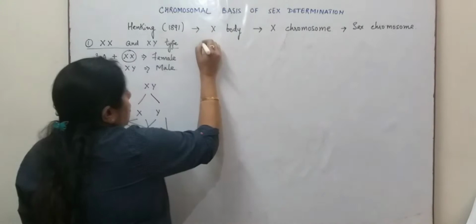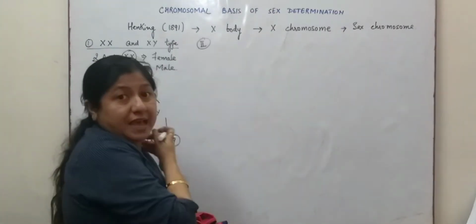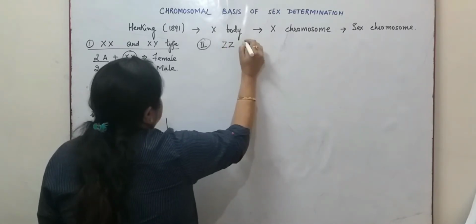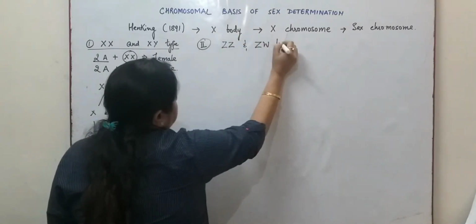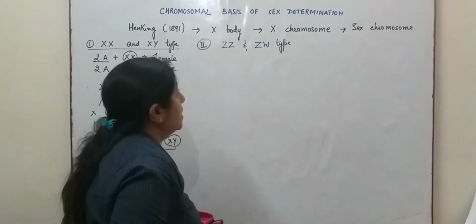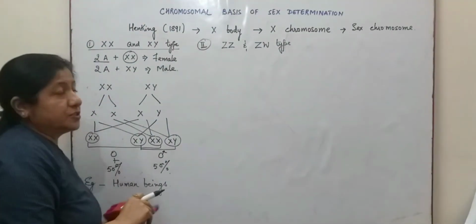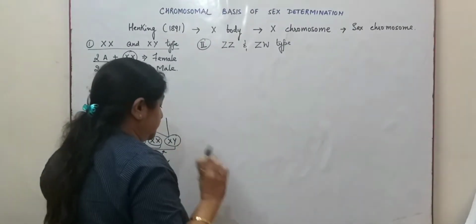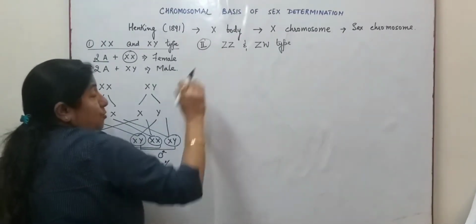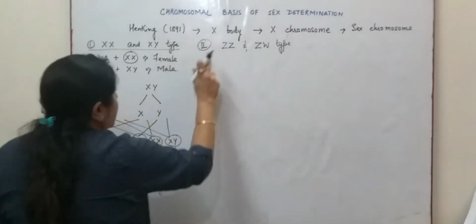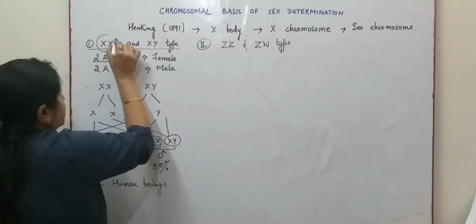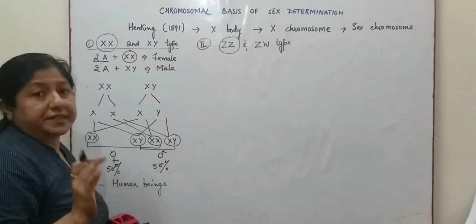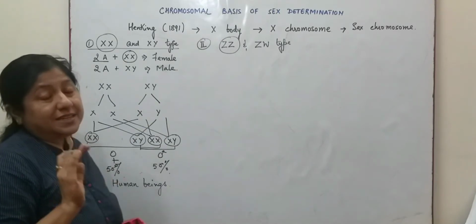In the case of birds and butterflies, we find the ZZ and ZW type. We are not using XX over here so as to avoid confusion. If the sex chromosomes are the same, it is known as a homogamy condition.